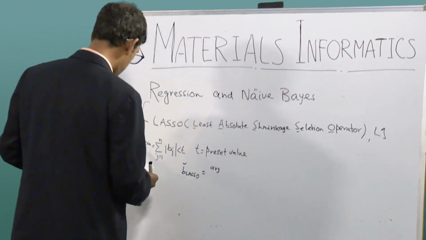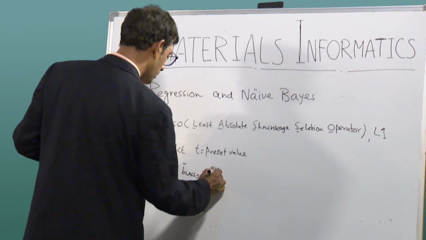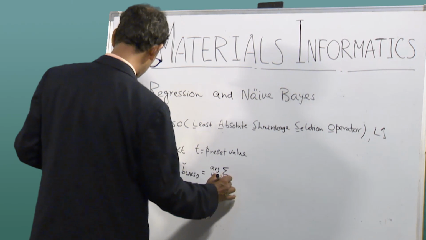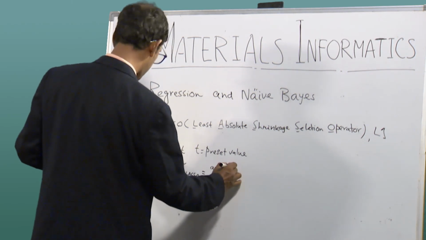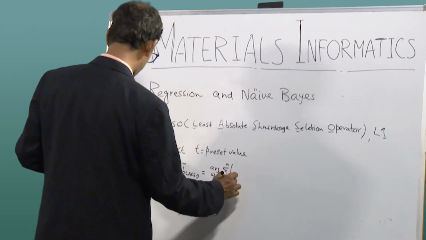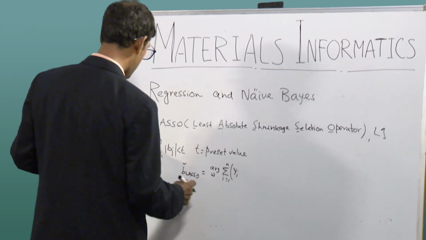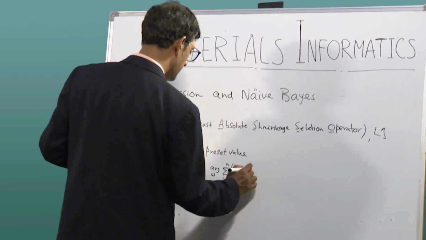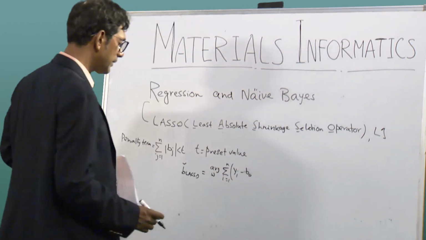So, that means this argument, summed over i equal to 1 to n, of the difference yi minus b0, and so on, these are nothing but variables.